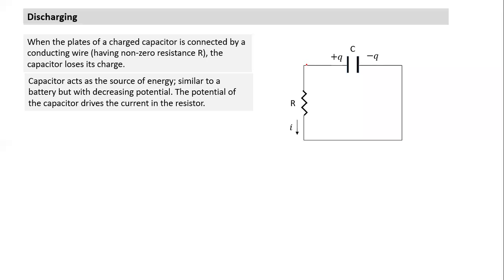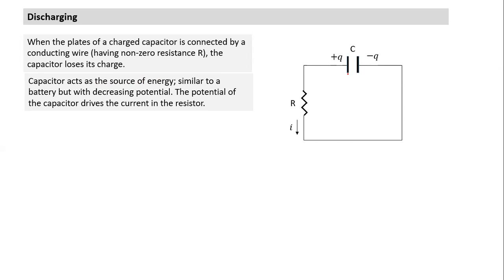All charge transfer is associated with current. And similar to the charging process, during discharge the current will not be constant. During this discharging, what is the source of energy for the flow of current? In this case, the capacitor acts as a source of energy, but it is not like a battery.